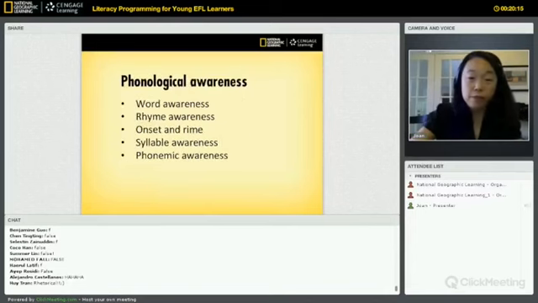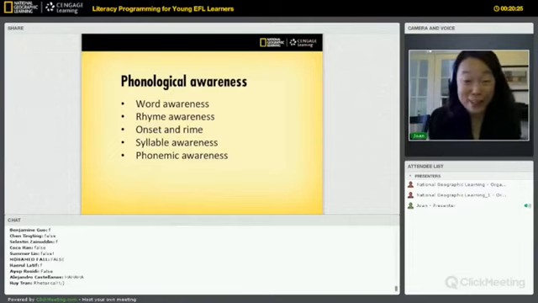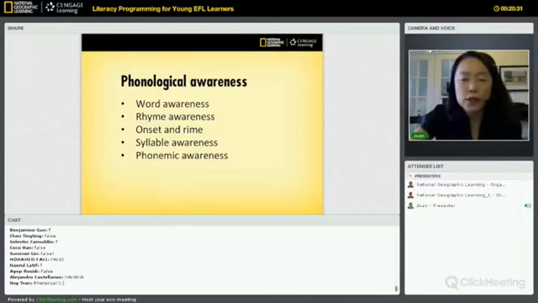Let's go to the slide for phonological awareness. Phonological awareness is the ability to recognize that words are made up of a variety of sound units. The term encompasses a number of sound-related skills necessary for a person to develop as a reader.